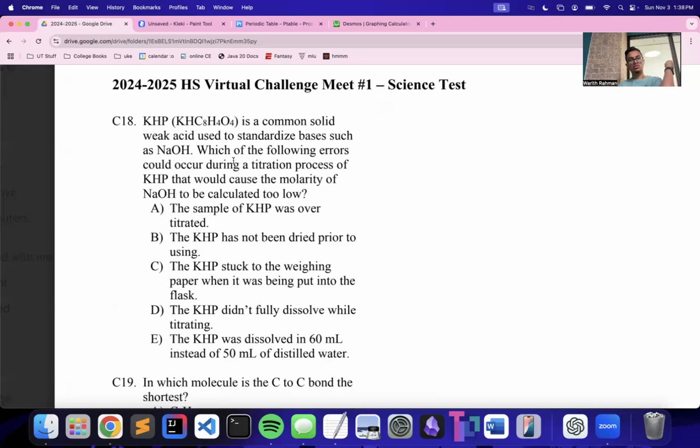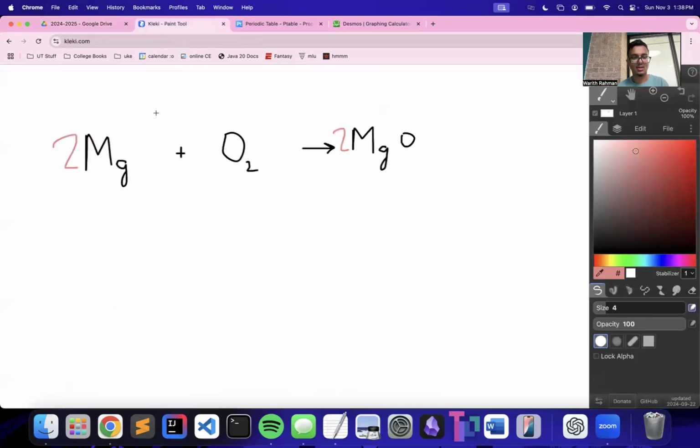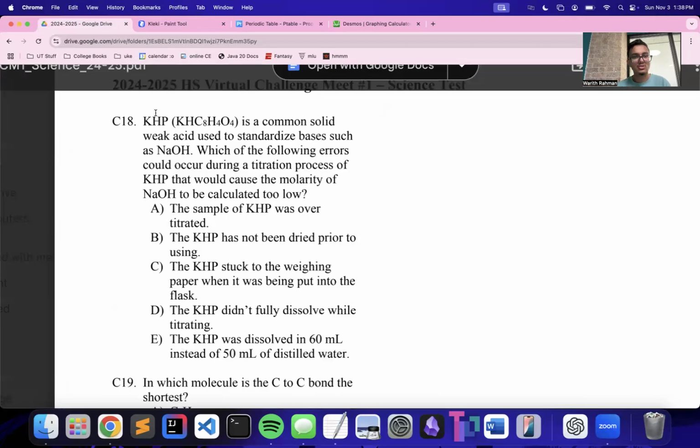So let's see. In option A, we're saying that our sample of KHP was over titrated. That means that we added more NaOH than we needed to. So we know the molarity and the amount of KHP that we have, and we know the amount of NaOH that we're going to be adding. We can just measure that, but we don't know the molarity, which is why we're titrating.